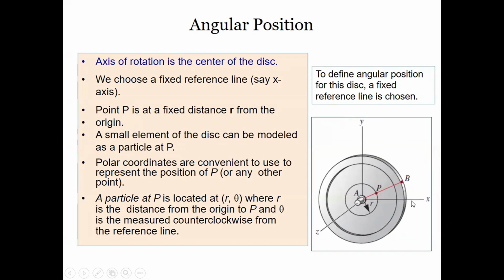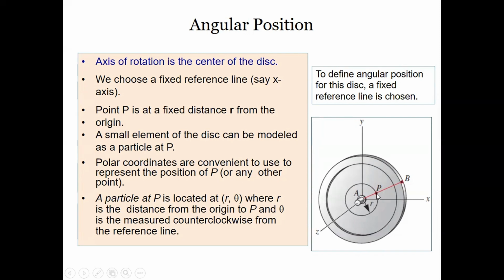Here we choose a fixed reference line, and then point B is at a fixed distance r from the origin, you can see, and a small element of the disk then can be modeled as this P point. The polar coordinates are the convenient coordinates to be used for the position representation.